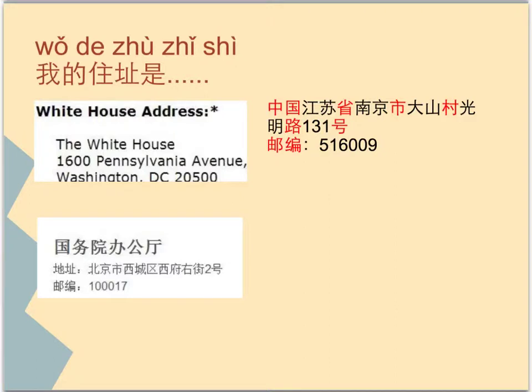Okay, here's a Chinese address. And you can see first it's the same. They put the place first. The place, 国务院办公厅. Okay, here's the address. And normally people put the country first, 中国.